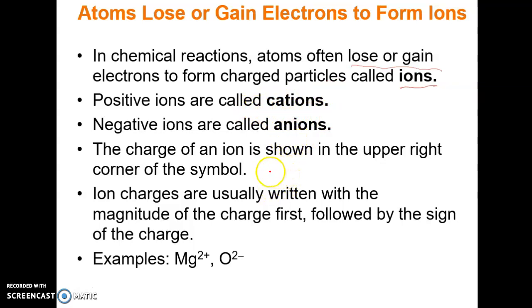The charge of an ion is shown in the upper right corner of the symbol. For example, you have O2 minus. It can also be written as O minus 2, but this here would be an ion. Ion charges are usually written with the magnitude followed by the sign, but you will see it both ways.